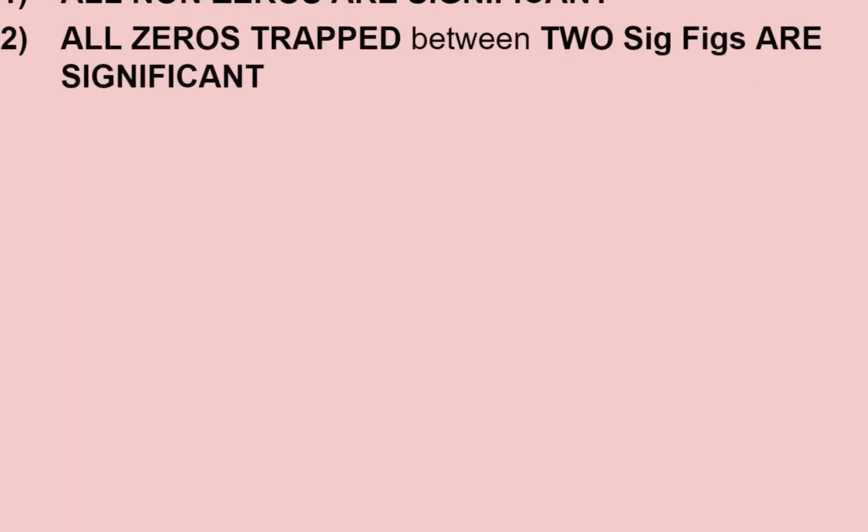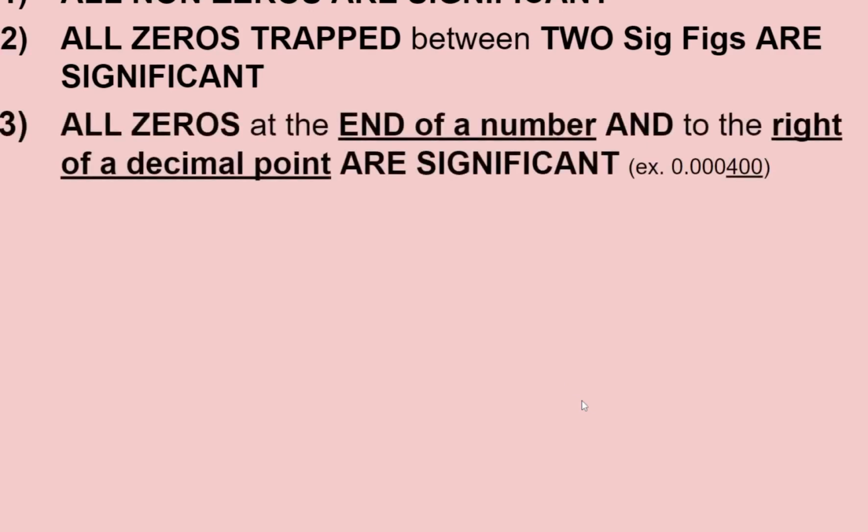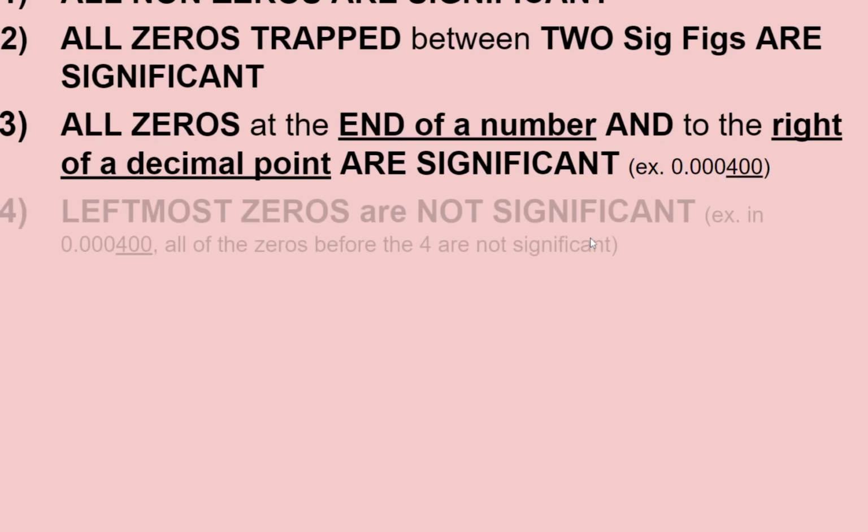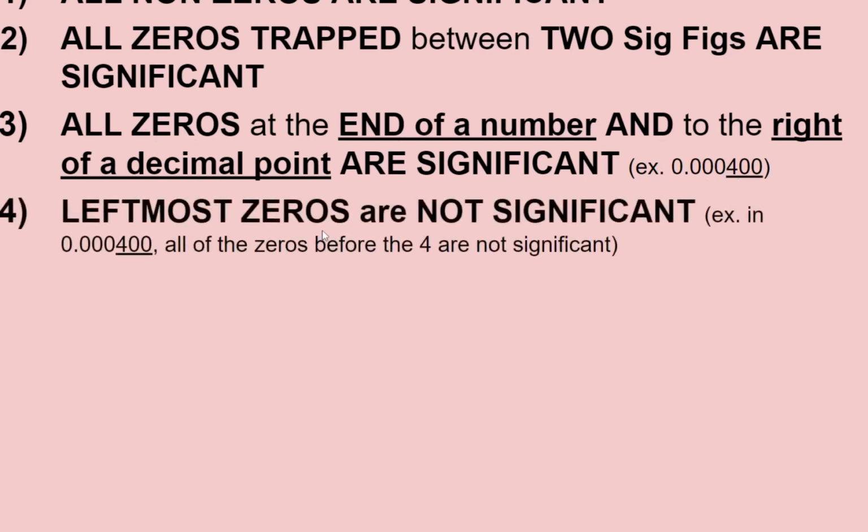Our rules: all non-zero numbers are significant. All zeros trapped between 2 significant figures are significant. All zeros at the end of a number and to the right of a decimal place are significant. Our leftmost zeros are not significant. They are just placeholders.